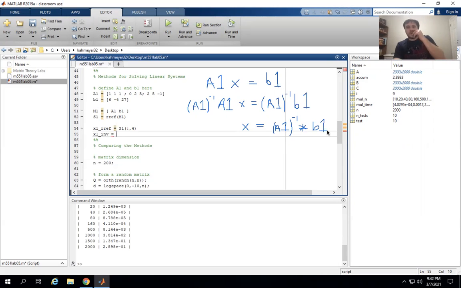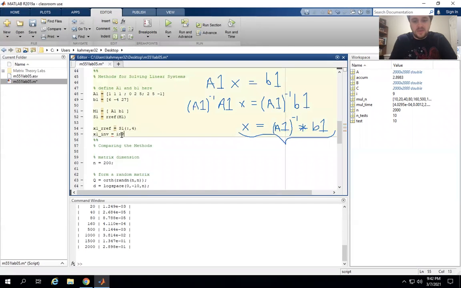So this is another method we can use to solve this linear system. And how do we express this line here, right? What we want to do is take this line and express it in terms of code that MATLAB can read when we run this script. So I want this to be equal to A1 inverse.